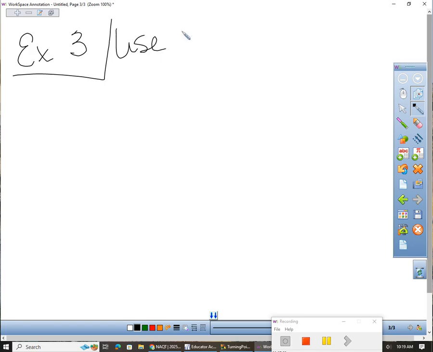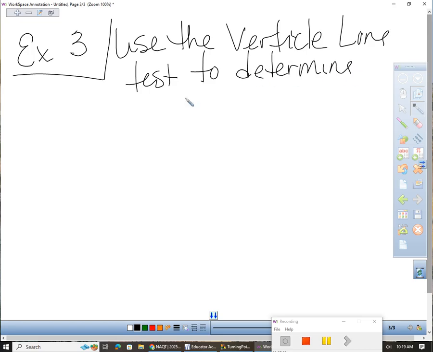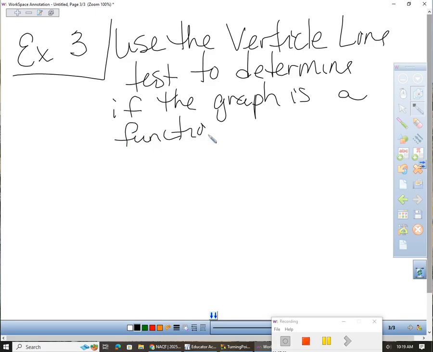All right, so here's example number 3. Use the vertical line test to determine if the graph is a function. This is what you are doing for problems 12 through 14.